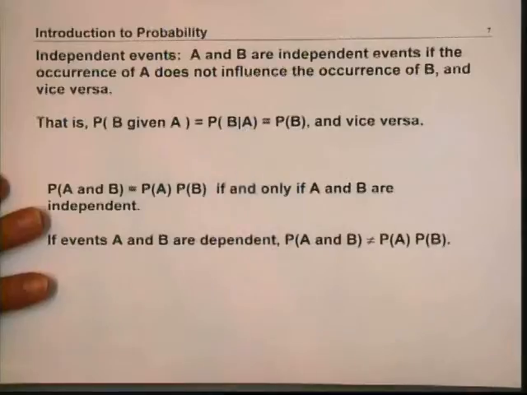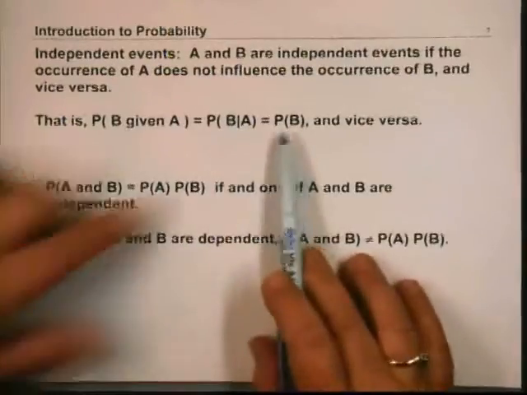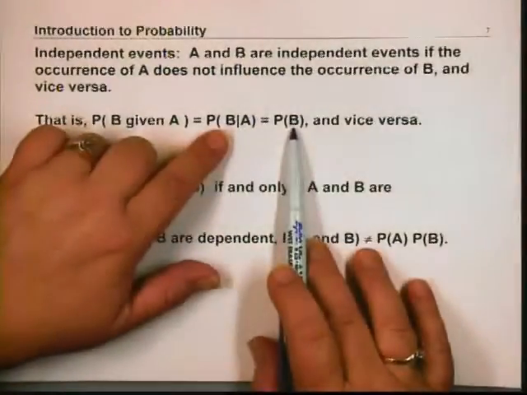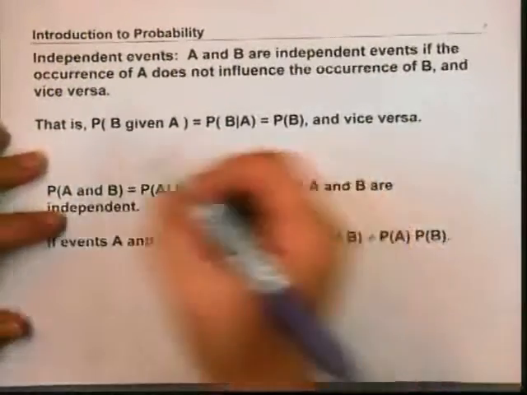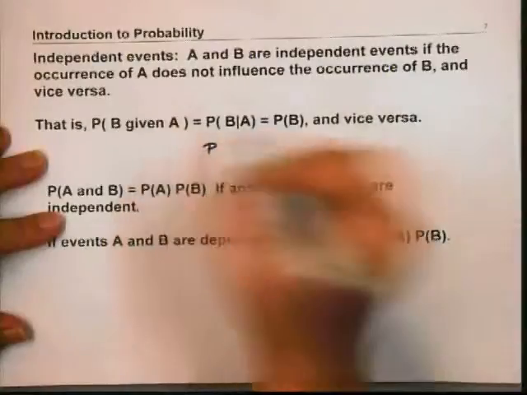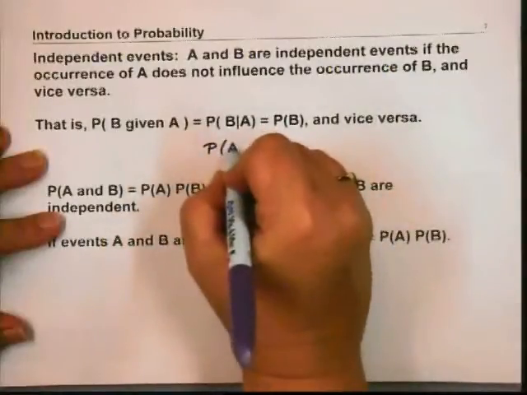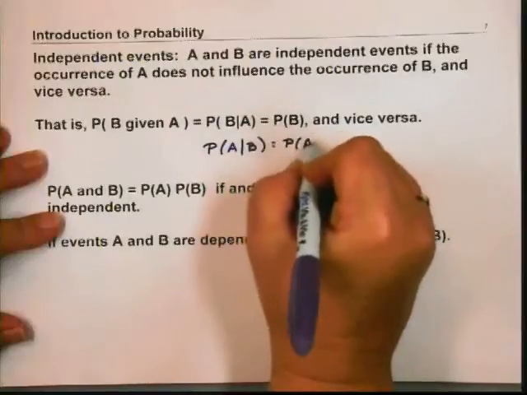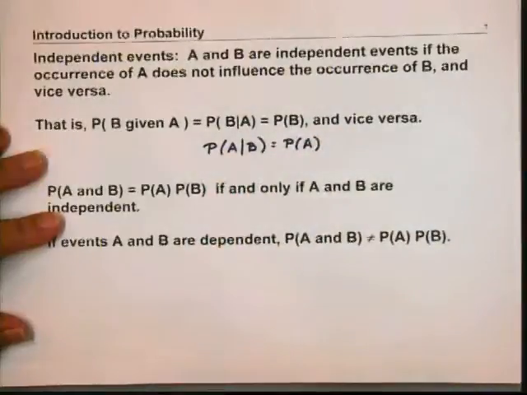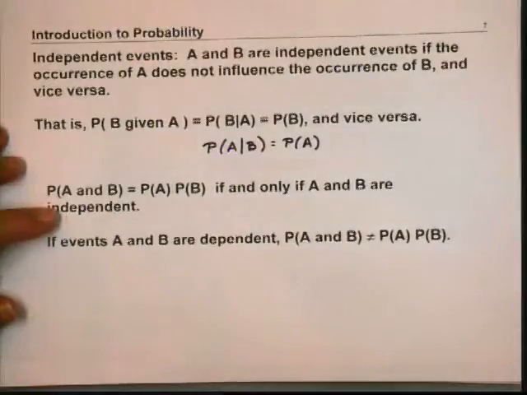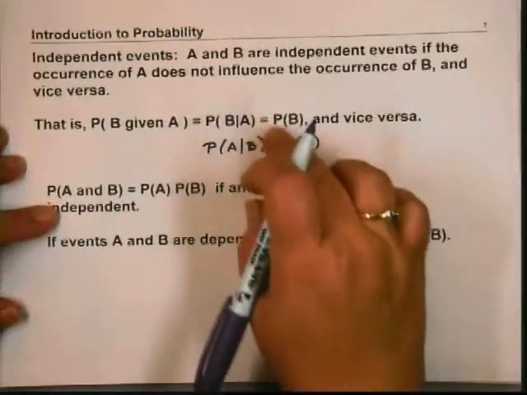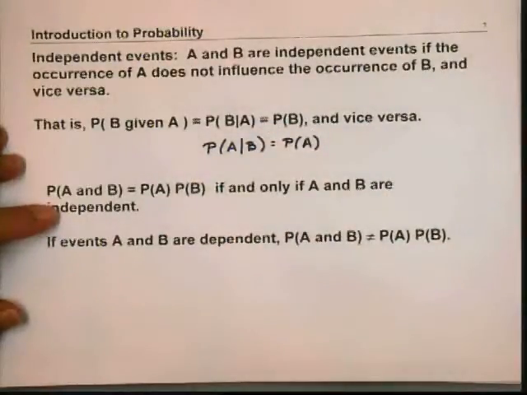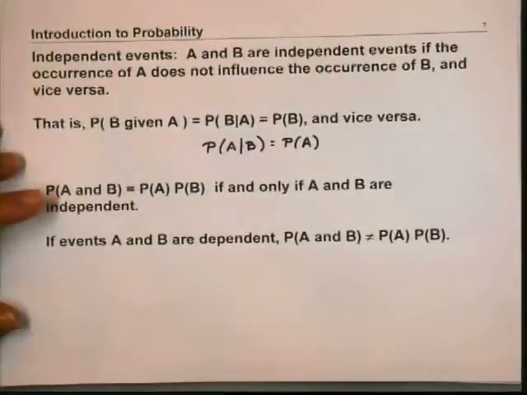If A doesn't influence the occurrence of B, then B given A would be exactly the same as the probability of event B. Likewise, the probability of A given B would be equal to the probability of A if they are indeed independent. If these equalities do not hold, then the events are dependent.